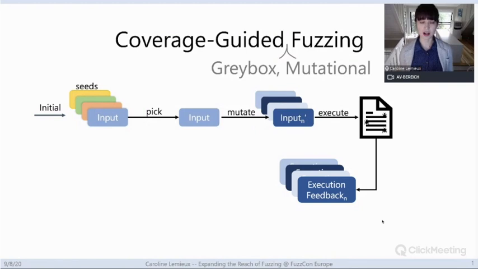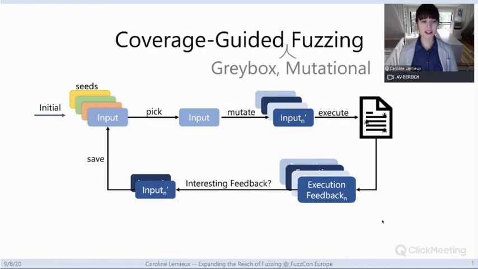Oftentimes this is branch coverage, and I'll go into a few different execution feedbacks we can look at in this talk. And we call the whole thing guided by coverage because the way that we evolve our corpus of inputs through time is we save inputs that actually have interesting feedback, usually meaning that you cover, say, a new branch or a new behavior in the program.